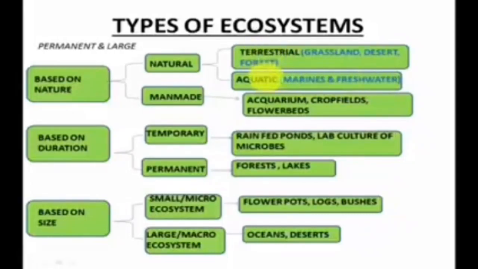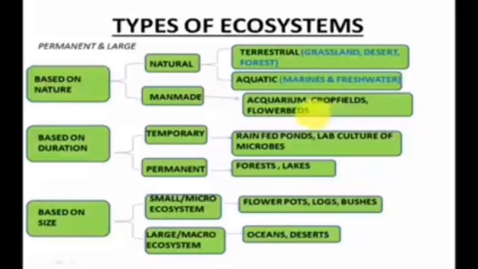The second classification, based on duration or time, has two types. One is the temporary and the other is the permanent. Under temporary, we have the rain-fed ponds. These are temporary ponds that are established especially by man.